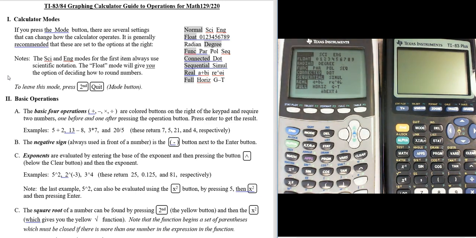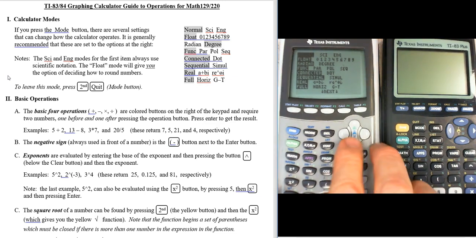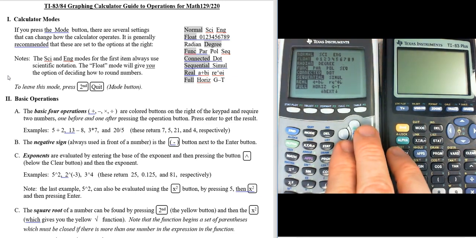Generally you want the normal mode. There's the floating decimal point. Generally that's how you want it, floating decimal point, but you could limit your decimal points to 0, 1, 2, 3, up to 9 decimal points.